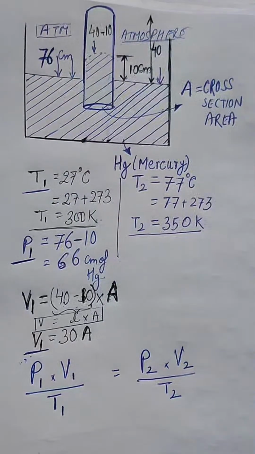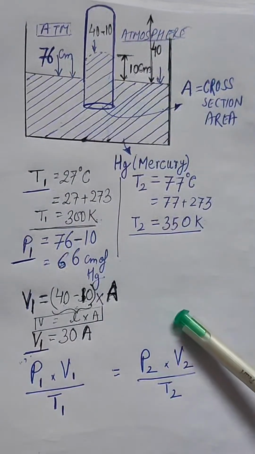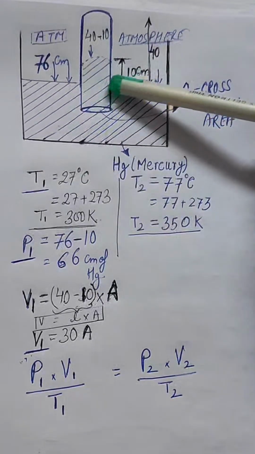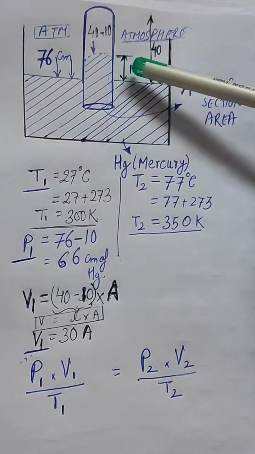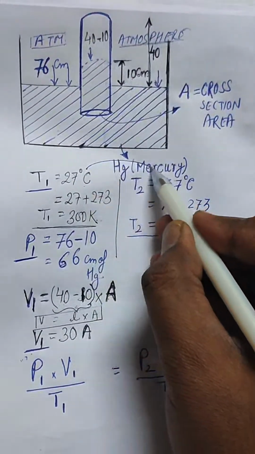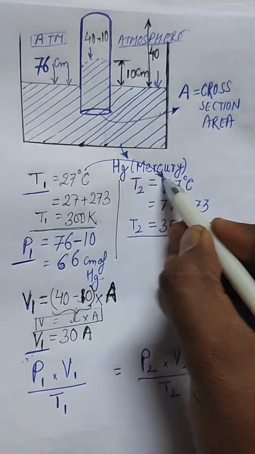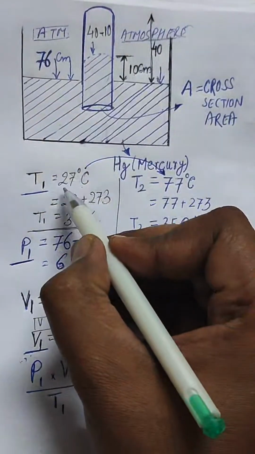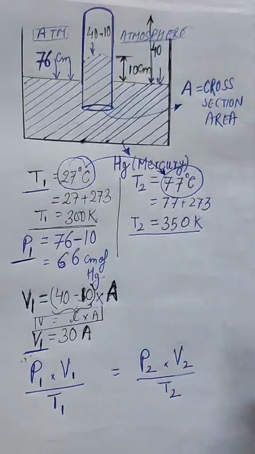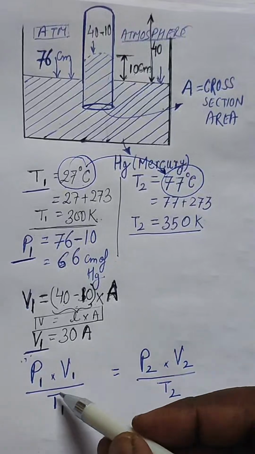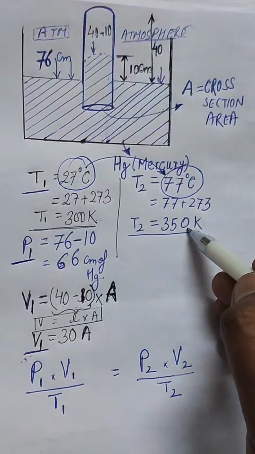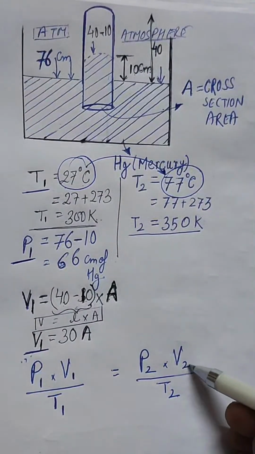The question was that, neglecting the thermal expansion of the mercury, we need to find how the level of Hg will be changing inside the tube, right? If the temperature is raised from 27 degrees centigrade to 77 degrees centigrade, right? This was the question. Now, in the second case, as per the Gay-Lussac's law, we know that temperature is calculated. This is known. What is the volume in this case?